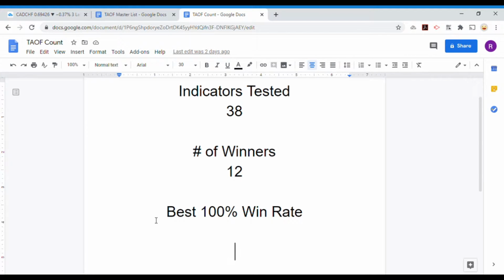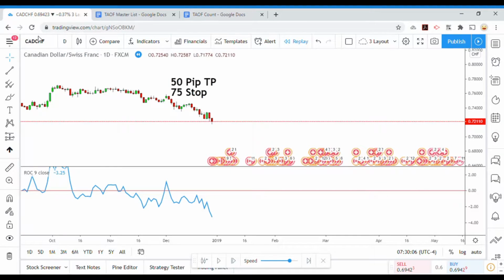Of course, you need to go back and watch that video to understand the context of how it was able to achieve that. But as we work on building the best trading system possible, you could take any one of those 12 indicators and go start profitably trading the market with it now. So go back and watch those videos, make a list of those indicators, and get out there and see what you can do with them. But stick with us here as we work on maximizing your trading profits.